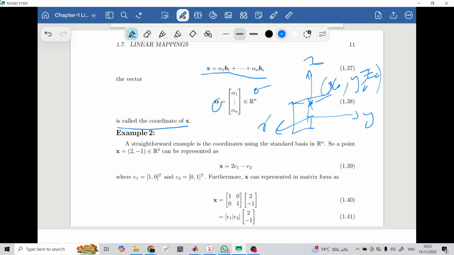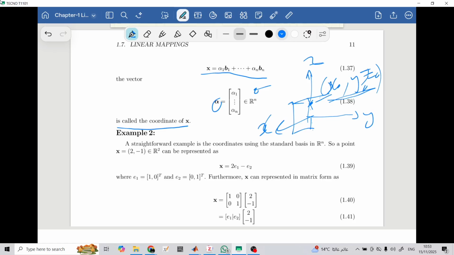So the ordering of the coordinates is important because it will tell you in which direction you should move, or where to find your point.